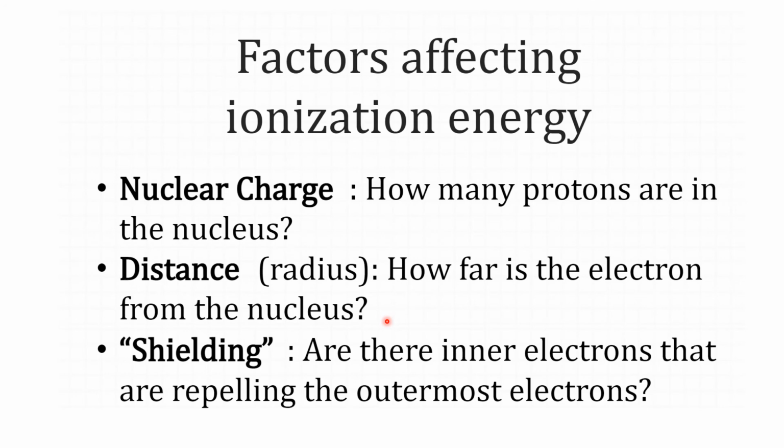If it is very close to the nucleus, we need higher energy to remove that electron. The third factor is shielding, which is due to the inner electrons, or core electrons, that repel the outermost electrons. Now let's see more about this shielding.